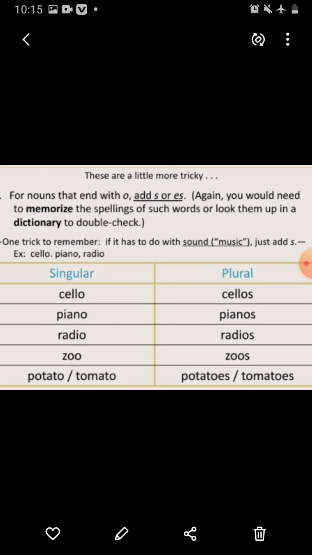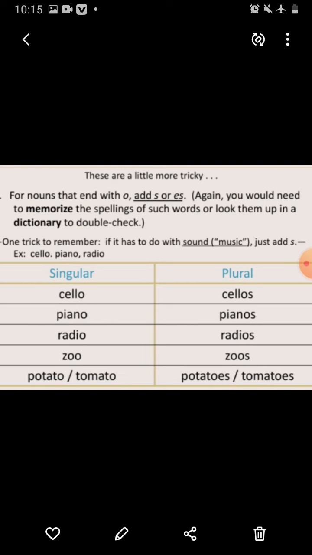One trick to remember: if it has to do with sound or music, just add S. For example, cello, piano, radio. Here I told you that for some nouns that end in O, you add S, but for some others you add ES.